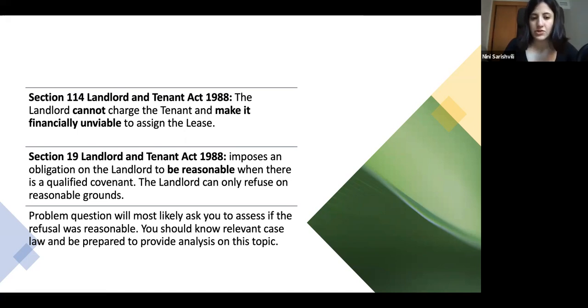Now, in the problem question, you will most likely have to assess whether or not the landlord was reasonable. So make sure that you understand Section 19 very well and that you are prepared to provide a very good analysis on this topic by knowing the right case law, the right key principles, and so on.